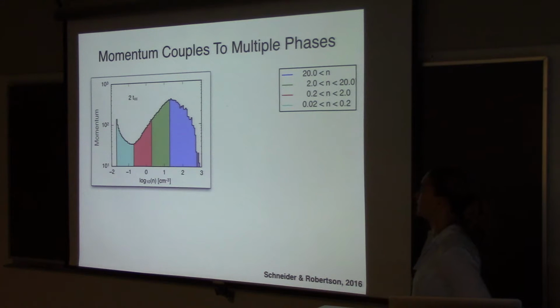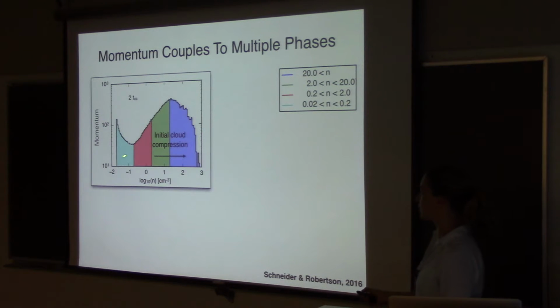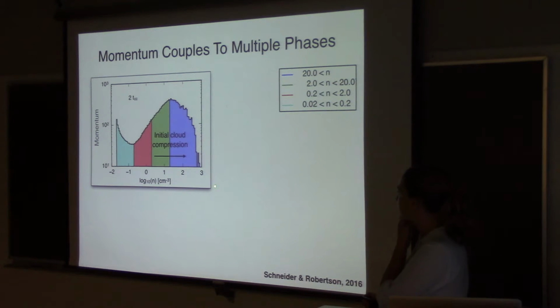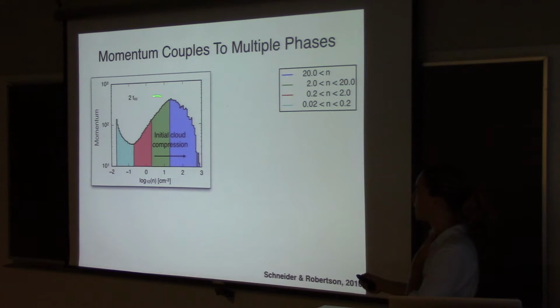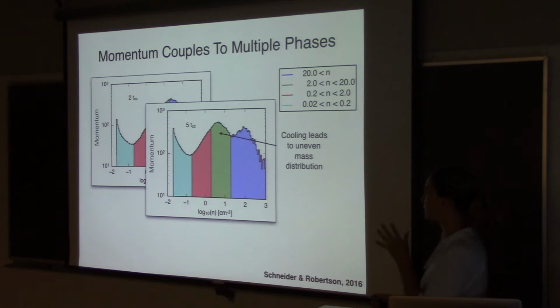So we've also looked at how the momentum couples to these different phases. This is something that I was alluding to in talking about the velocities. The idea is, this is a histogram of the density and then momentum, in units that don't matter for these purposes. Initially you start out with a log normal density distribution, and as the cloud is compressed, that gets moved over, but you're approximately sharing momentum the way you would expect, roughly evenly across the phases given the mass.